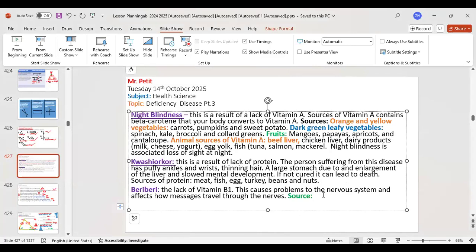Okay. Now, sources of vitamin B1. Any B vitamins are associated with mental health, like your mind, your nerves. That's what B vitamins are there to help with. So vitamin B1, you can find in peanuts, right?